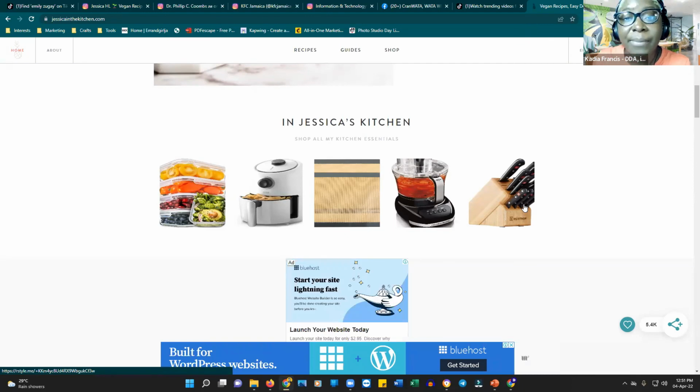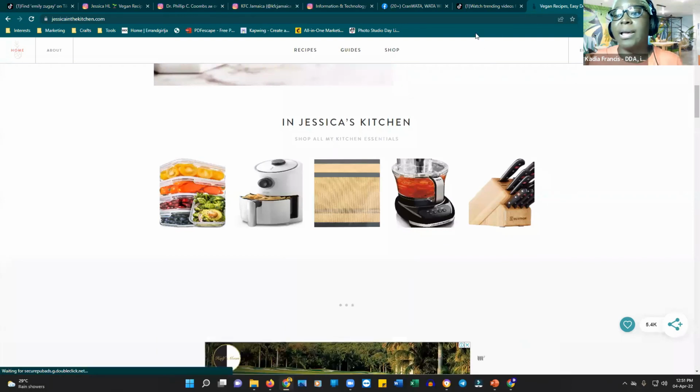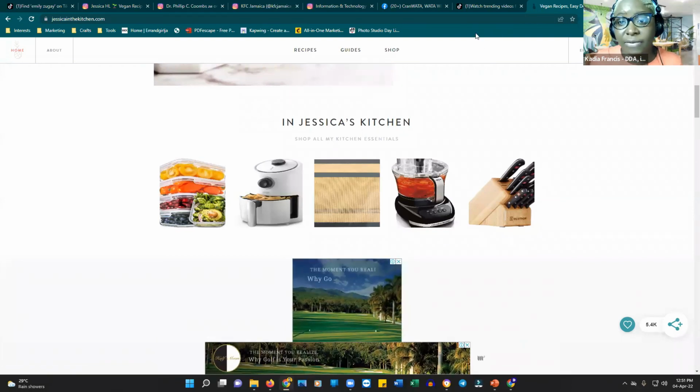It's the same thing with the Amazon storefront. You have people who have an Amazon storefront where all the items that they use are listed. Say you're a creator and you do DIY stuff, and you have a particular wallpaper that you use. You can put that in your Amazon storefront, and if anybody buys it, then you get a cut from Amazon of the sale of that item. That's what we call affiliate marketing. You're affiliated with this company, and if you bring people to the company and they buy a particular thing, you get a cut of that. So that's what affiliate marketing is.